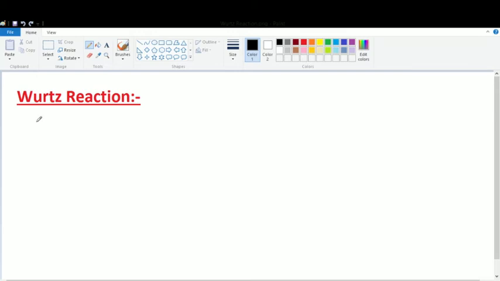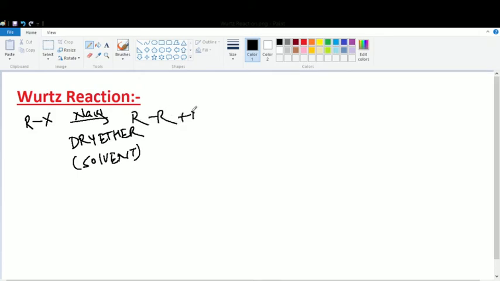So in Wurtz reaction, your substrate is RX, which is present in dry ether, and dry ether is your solvent, and sodium metal, and your product is R-R plus NaX. In substrate RX, X is fluorine, chlorine, bromine and iodine.